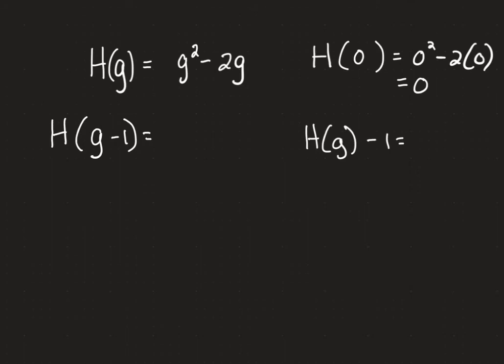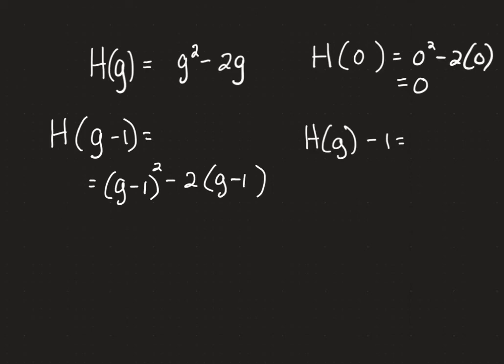See what I'm doing differently? In the first one, I'm just looking at the function and I'm going to substitute g minus 1 wherever there's a g. Kind of a strange thing to do, but we can do it that way. Anything we put in that original parenthesis can go inside these parentheses when I'm evaluating the function.